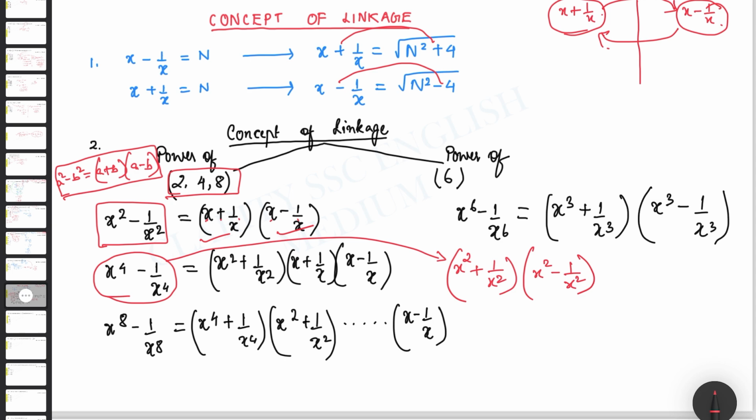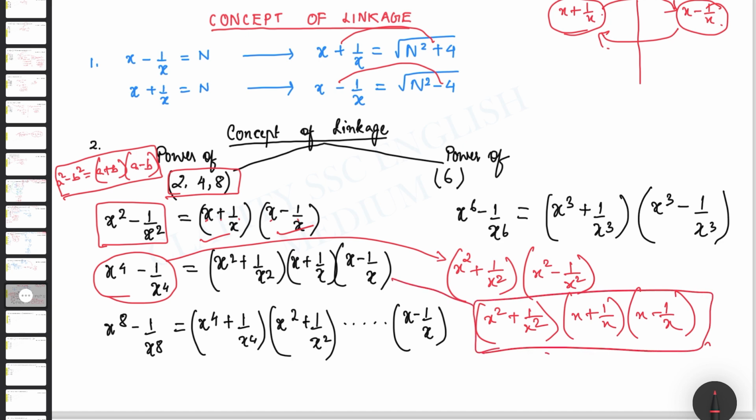So again, we can deduce this too: x plus 1 by x and x minus 1 by x. This one is the expression written here only. So if we have to find x to the power 8 minus 1 by x to the power 8, you will not have time to think in the examination hall. So first we need to know, by 2 divided by 2, 8, half plus half plus half, and the last one is minus.